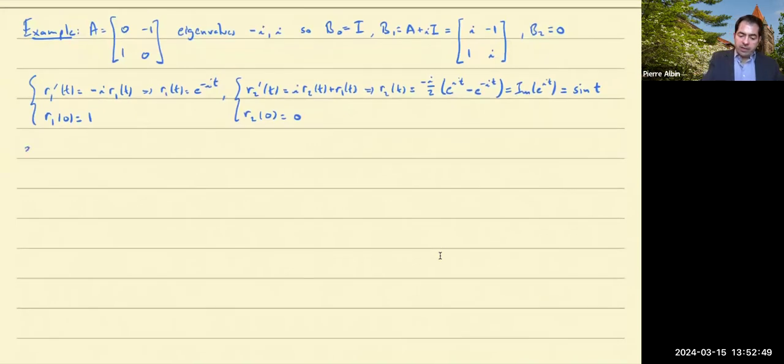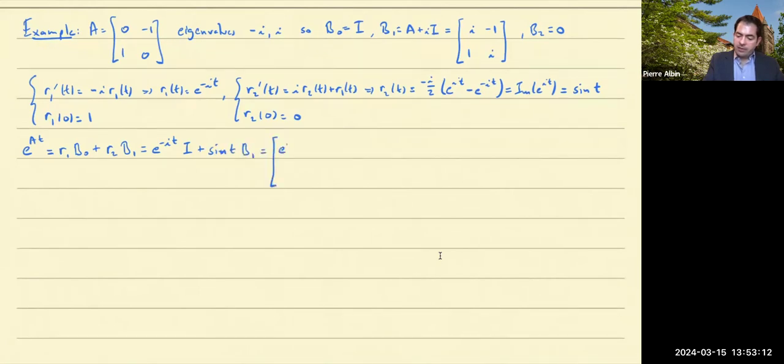So then if we write down what that means for the exponential, we get that e to the At is equal to R1 B0 plus R2 B1. So e to the minus it times the identity matrix plus sine of t times B1.